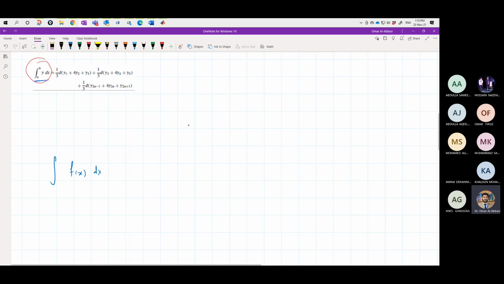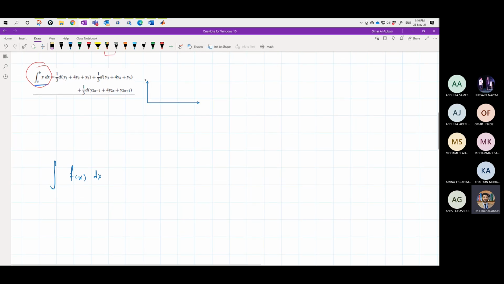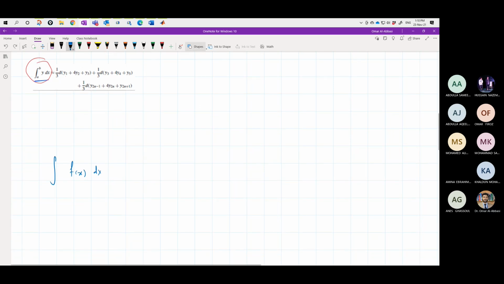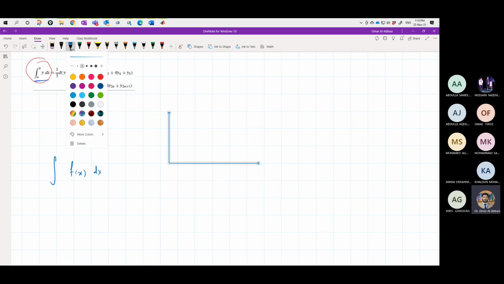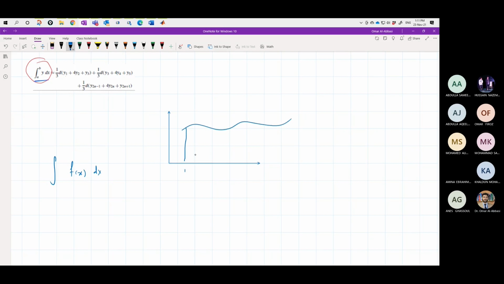Okay, so this function goes from, let's say, 1, then 2, then 3, then 4, then 5, 6, and 7. Okay, let us integrate the following function.